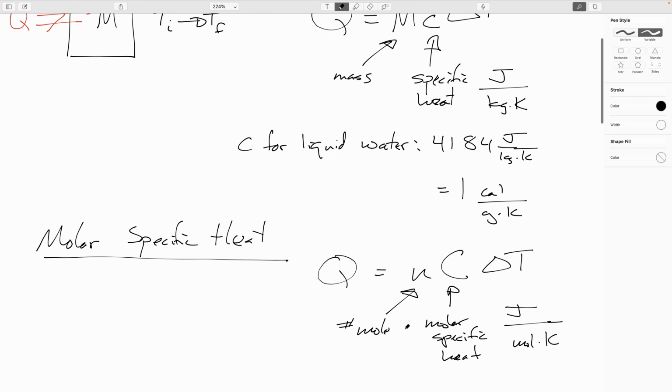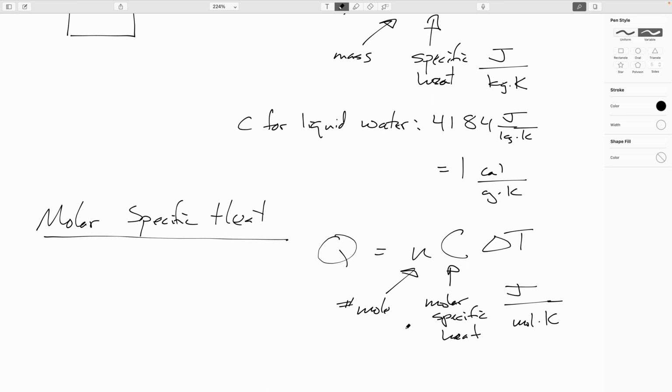Now, an interesting little tidbit is while specific heats by mass vary wildly, they tend not to vary so much by molar values in solids. Most solids, with the notorious exception of frozen water, have a molar specific heat of 25-ish joules per mole Kelvin.